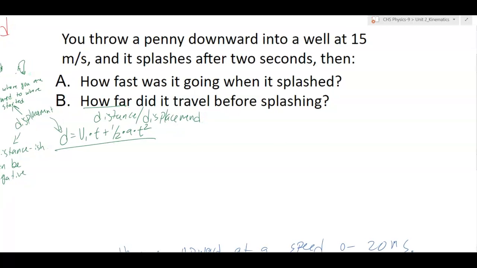So we know that the starting velocity is this, so here are givens and unknowns. Let's just start there. We want to find our displacement.